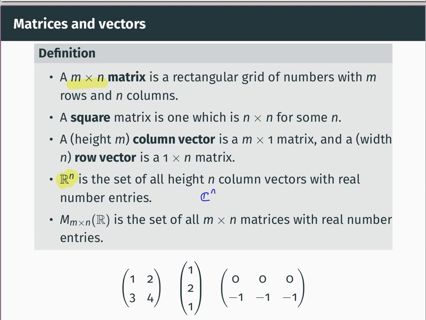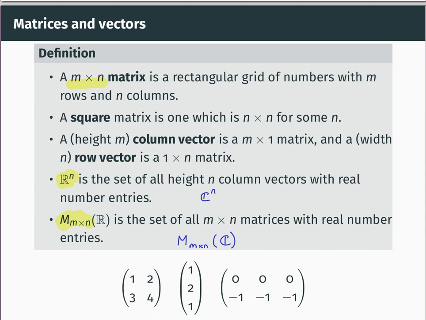And finally, if we write M subscript m times n of R, what that means is the set of all m by n matrices whose entries are real numbers. And of course we'd extend that similar notation to complex numbers. M sub m times n of C would mean the set of all m by n matrices with complex numbers as entries.